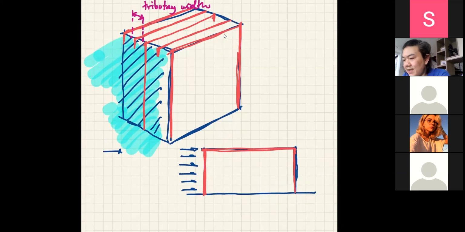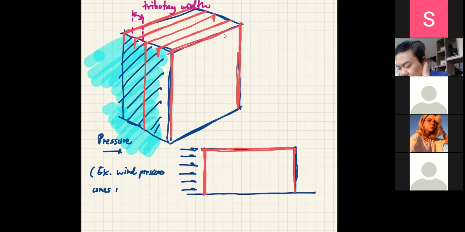So in the beginning, say this is the pressure coming in, and generally the wind pressure comes in terms of force per area, or load per area.